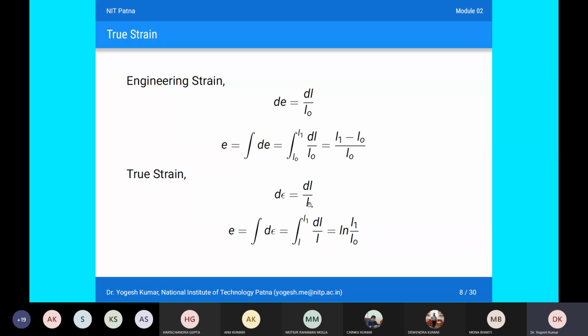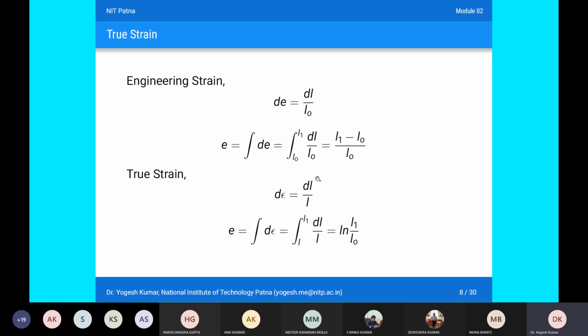Because now we are not considering strain with respect to the initial length of the test specimen; we are calculating true strain by considering the instantaneous length of the metal strip.